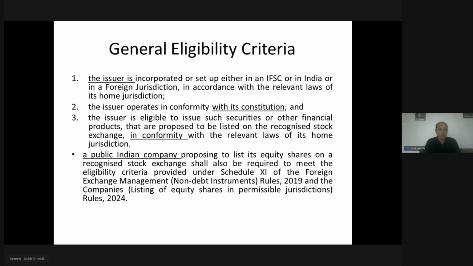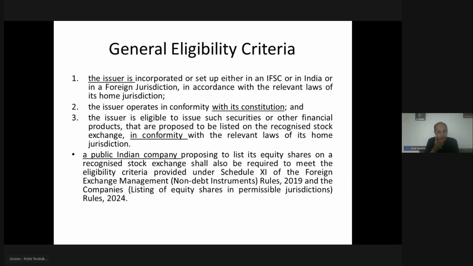Now, next point. The issuer operates in conformity with its constitution. The constitution of the company or the entity or the issuer must be such that they operate within the limitations of its constitution. Next, the issuer is eligible to issue such securities or other financial products that are proposed to be listed on the recognized stock exchange in conformity with the relevant law of its home country.